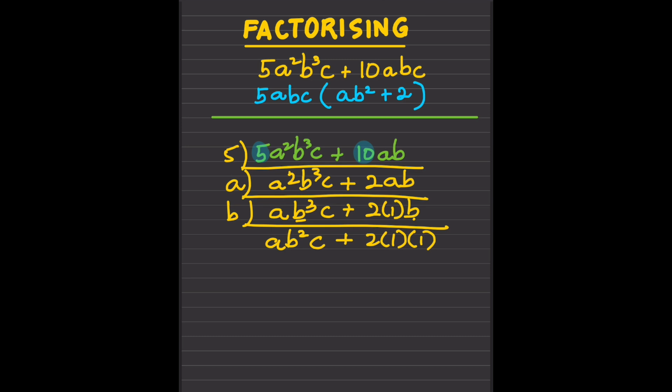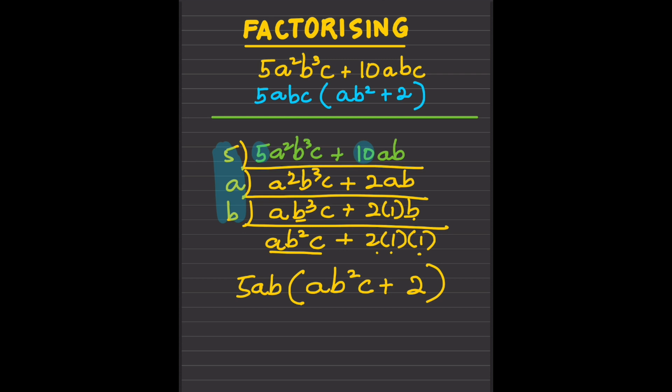So let's put it together. Now remember, these are the common factors of these two terms, 5ab. So this goes outside the bracket, 5ab times ab squared c plus 2 times 1 times 1, 2.